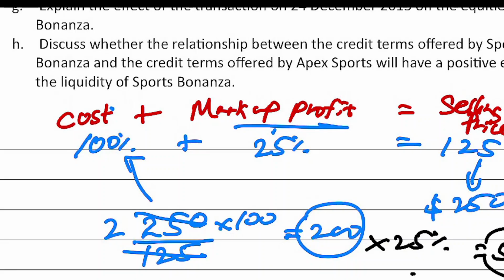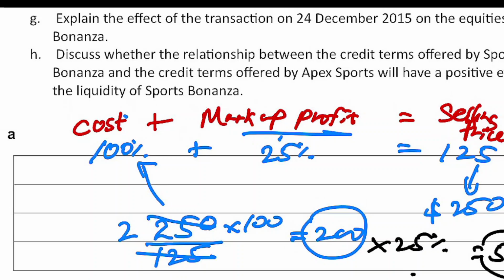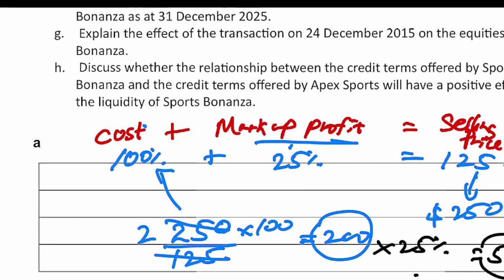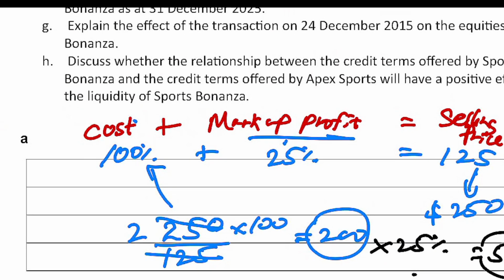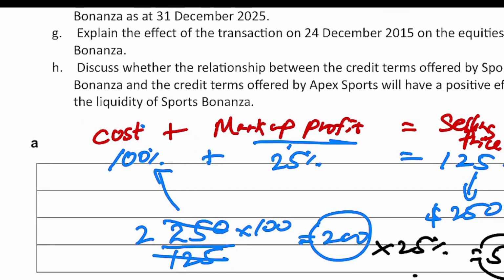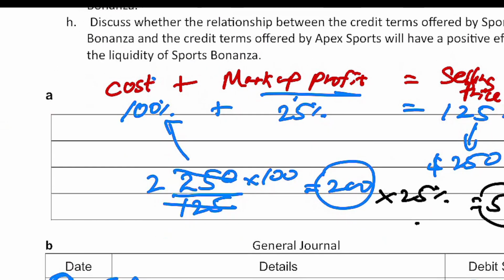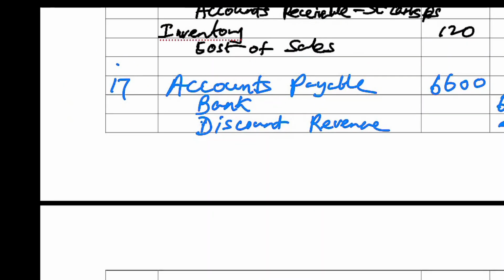Then how much is our cost price then? How much is the cost price? 200. Yep. Anybody who is not sure about the cost price, please take it down for workings somewhere, wherever you have space, in the book or somewhere. I'm asking you questions, okay?